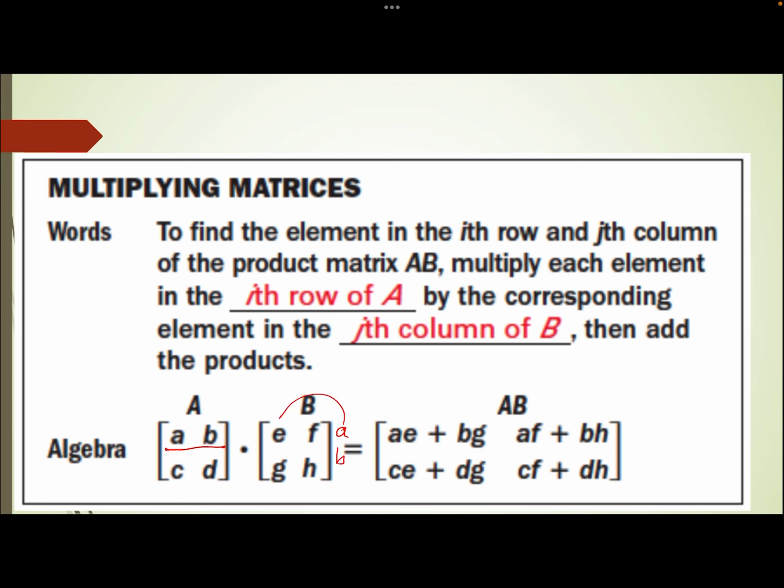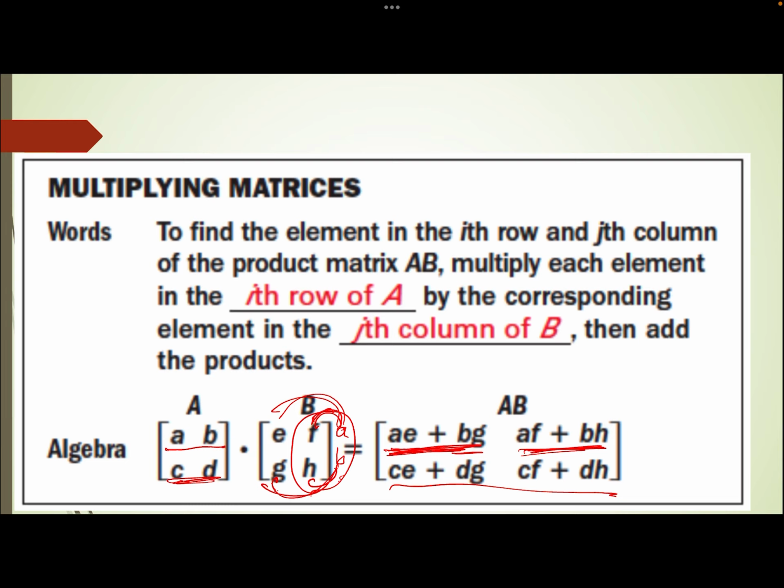So then I do A times E plus B times G. And then I do A times F plus B times H. So how you know where to put it: this was the first row that I'm working with. This one, AE and BG, was the first column, so that's the first row, the first column. This was the first row and the second column, so that goes here. And then to get this last one, I take CD and do the same with it.